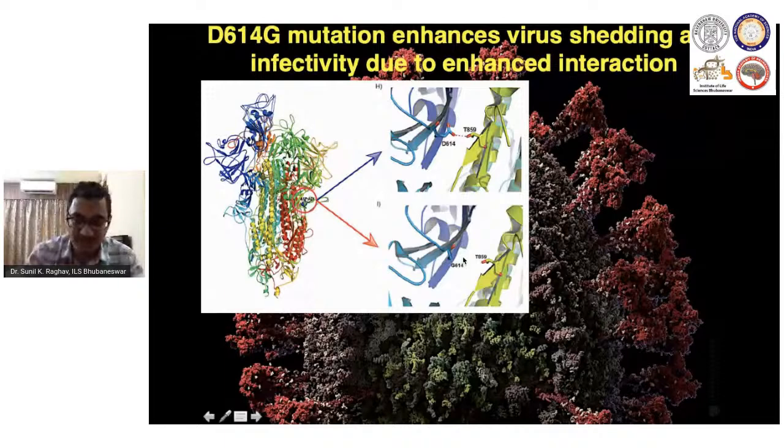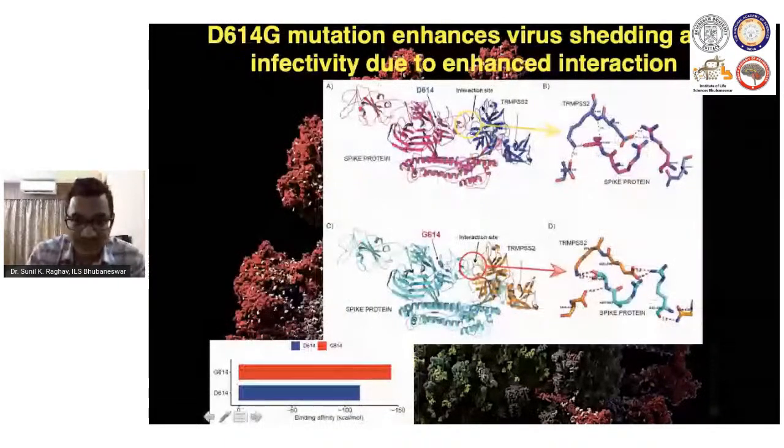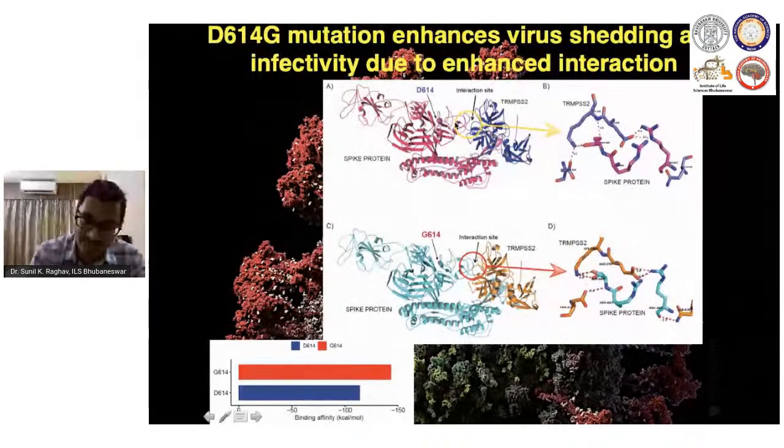Because of this, what happens? This is the TMPRSS2 that I was telling you about, the protease that cleaves this hinge region. So you see there is a distance between the interaction site of the protease and the spike protein. What happens when this mutation happens?